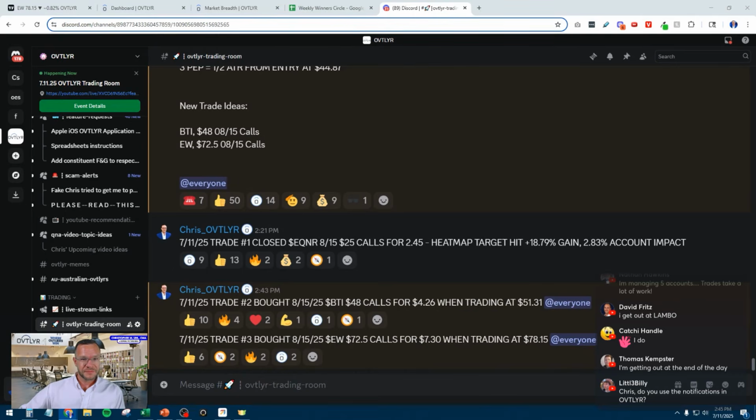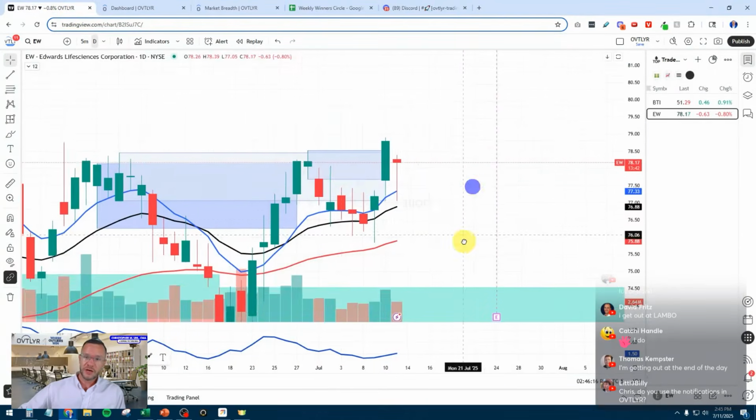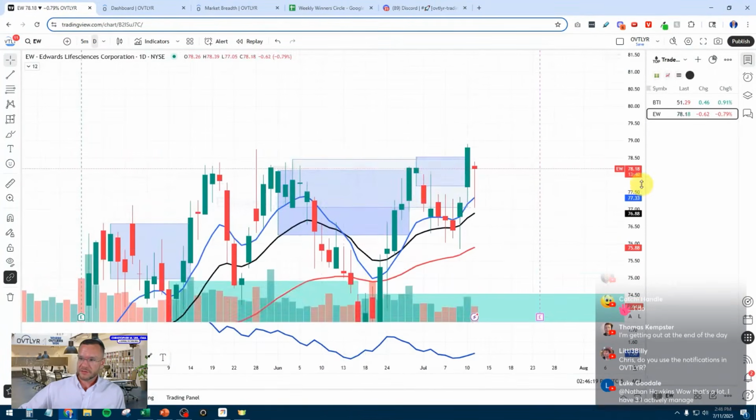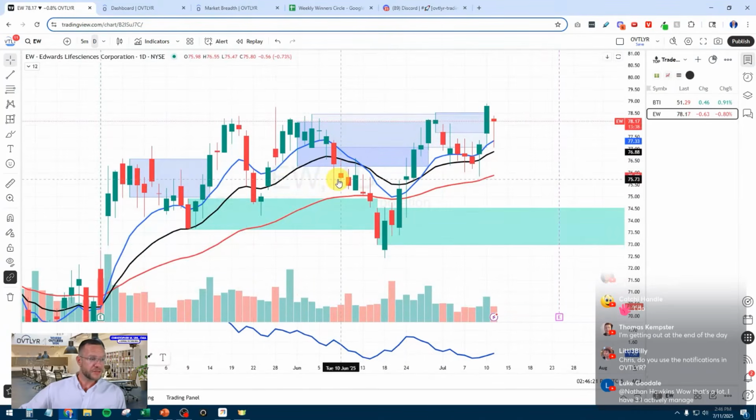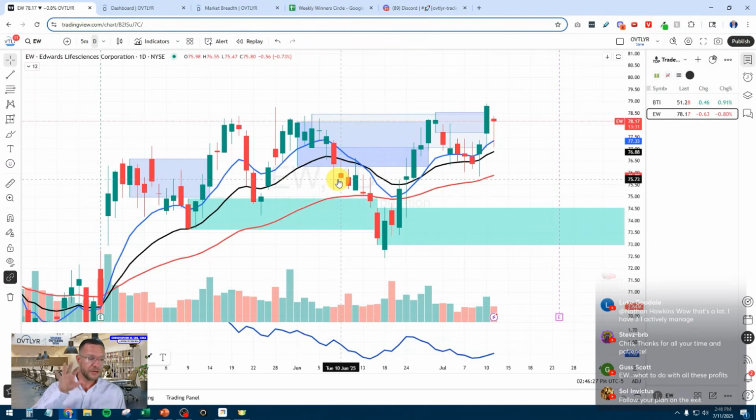Chris, can you talk about the order block being resolved? Yeah, so these order blocks here are areas of support and resistance that we have. In fact, you can get a free TradingView account and then use our free indicator that we have inside of our Discord, and your screen can look exactly the same as mine.